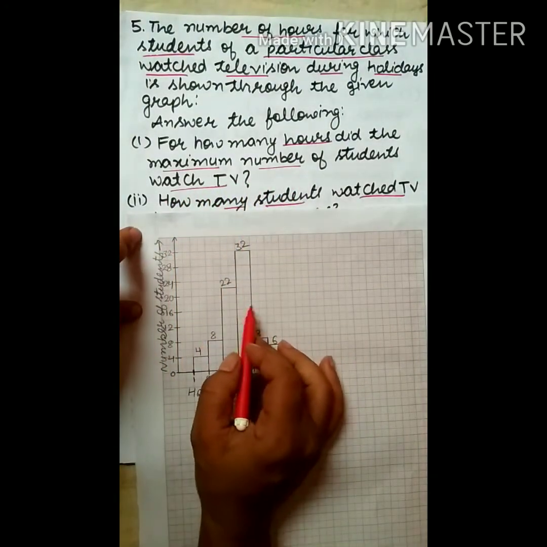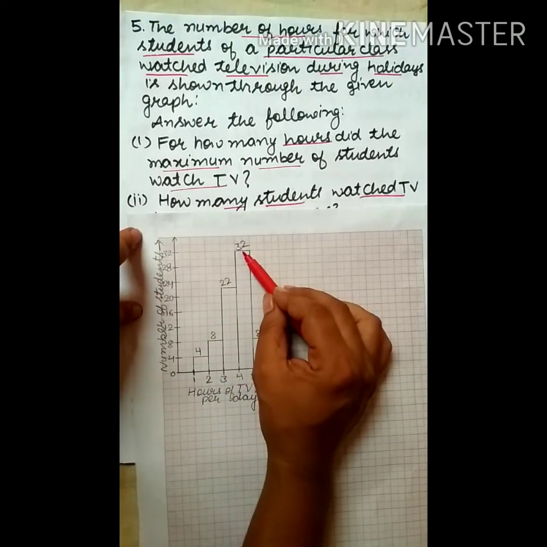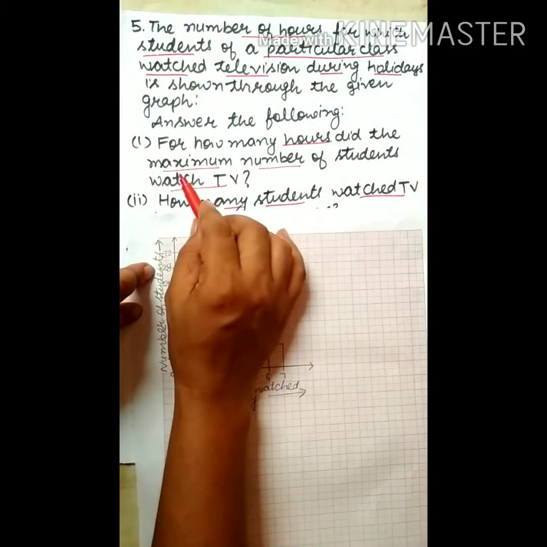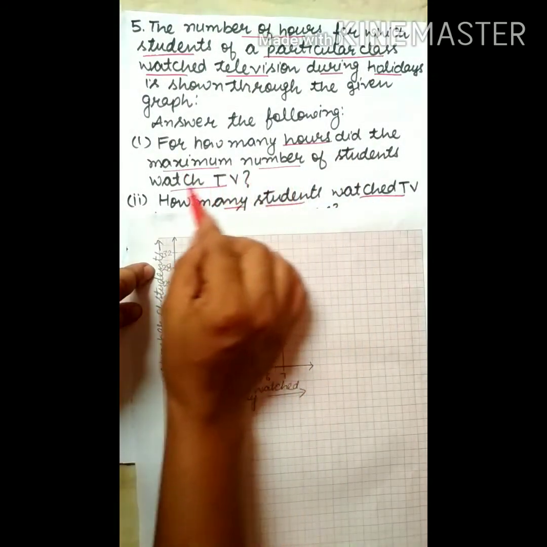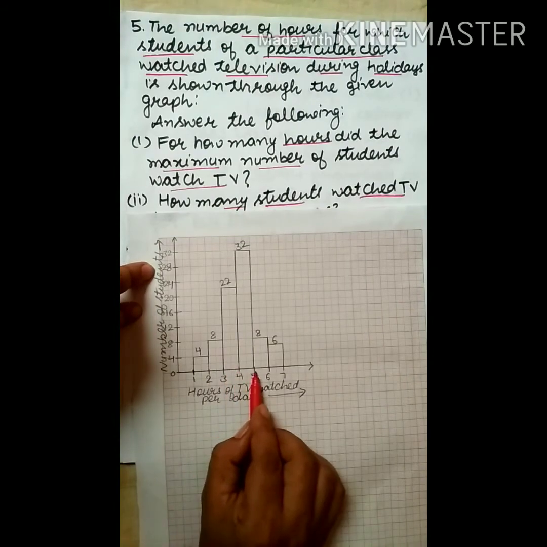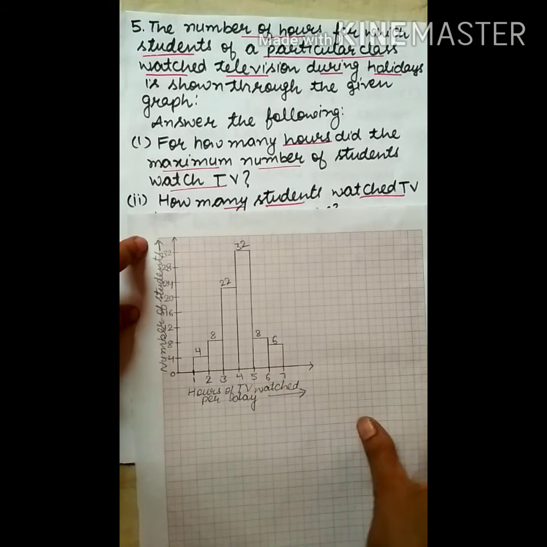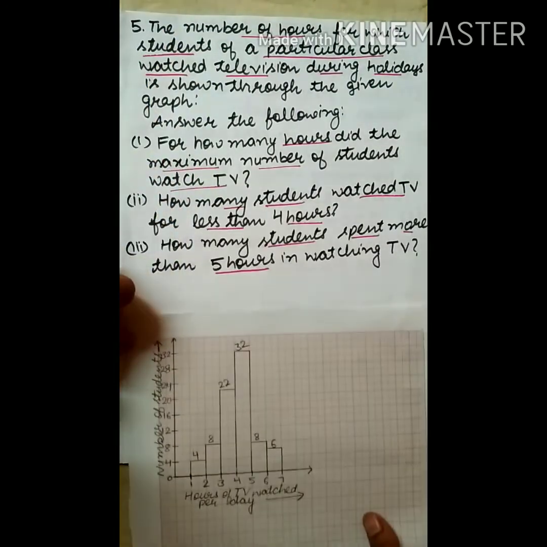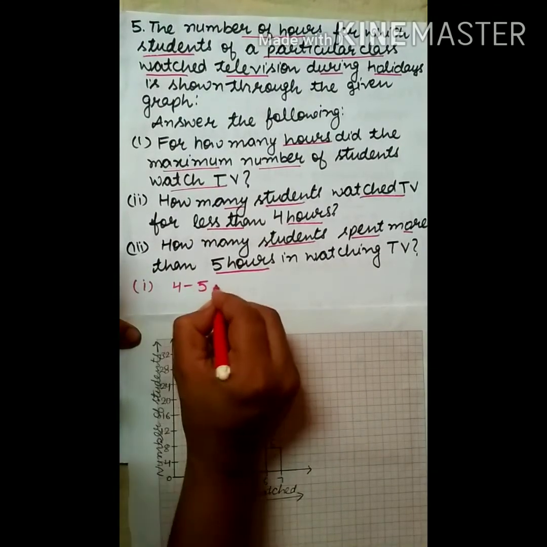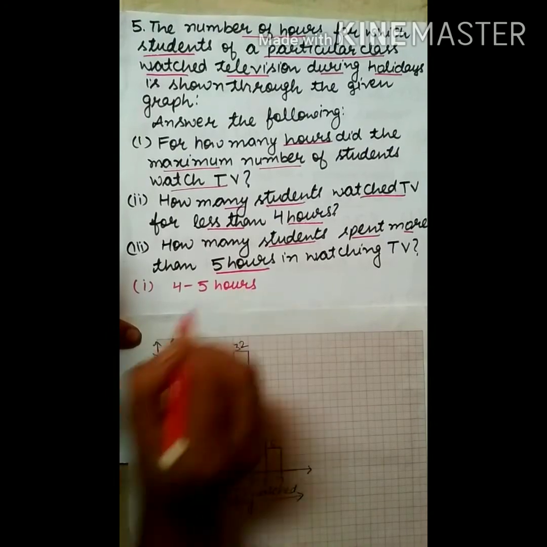From this graph we can see that 32 is the maximum number of students. This is between 4 to 5 hours. So the answer of the first part is 4 to 5 hours.